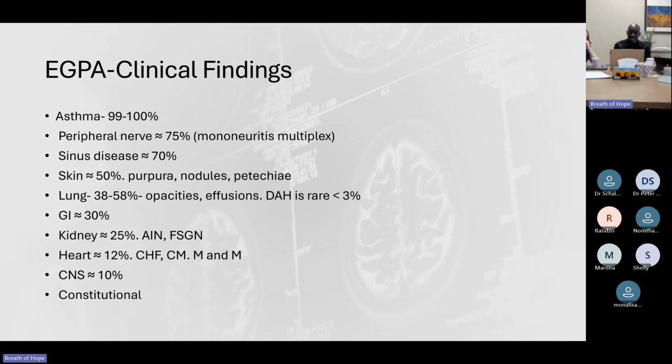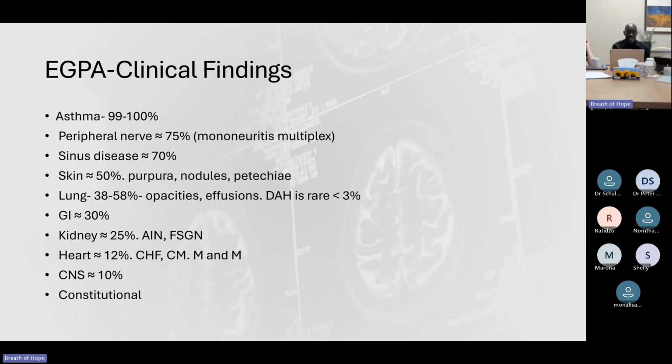So EGPA clinical findings, of course, they tend to be asthmatic in 99 to 100% of cases. And then peripheral nerves, 75% with mononeuritis multiplex. That's when they present to neurologists or orthopedics. And they will have sinus disease, 70%. That's not picked up by ENT, or most of the time they are being treated as chronic sinusitis.